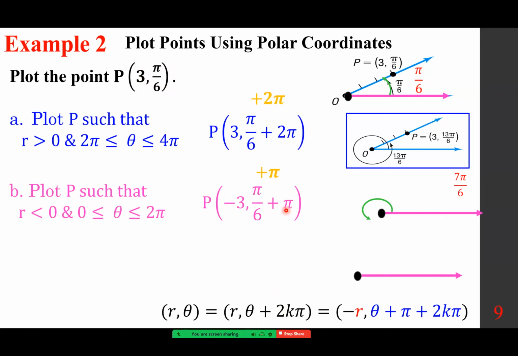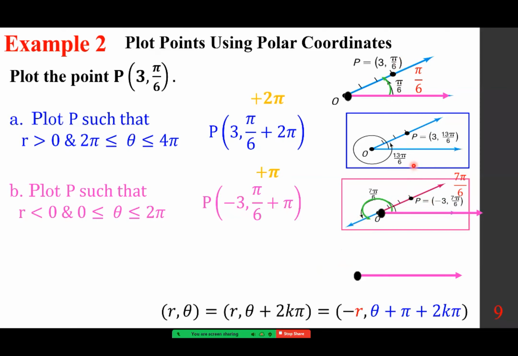Notice what happens. You go 7 pi over 6, end up here. Because it's negative, you go the opposite direction, and that gives you the same spot as the original point, with coordinates negative 3, 7 pi over 6.